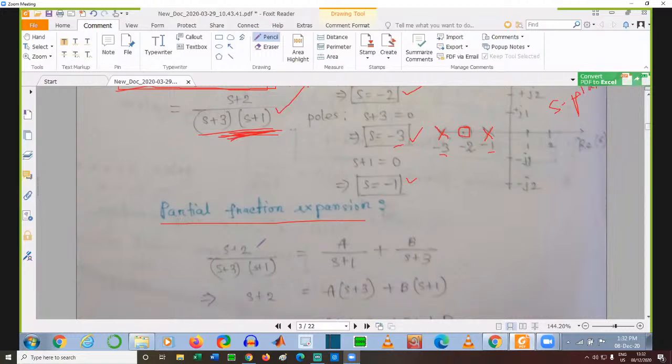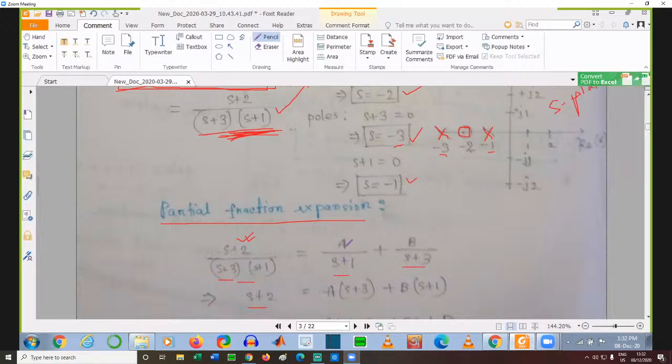So we have s plus 3 and s plus 1 in the denominator, and in the numerator we have s plus 2. According to the partial fraction expansion, you can write A by s plus 1 plus B by s plus 3. Then if you multiply both sides by the denominator, s plus 3 and s plus 1, you get s plus 2 on the left hand side.